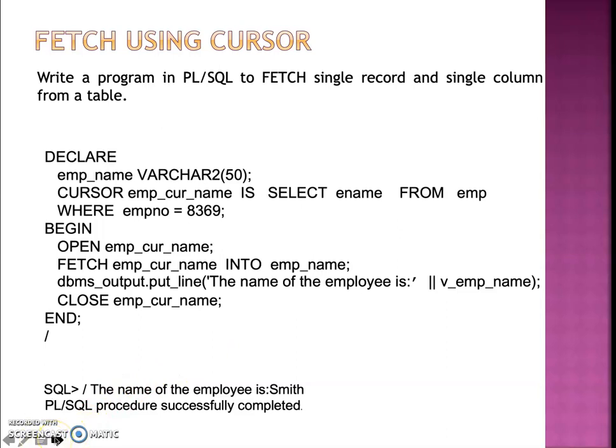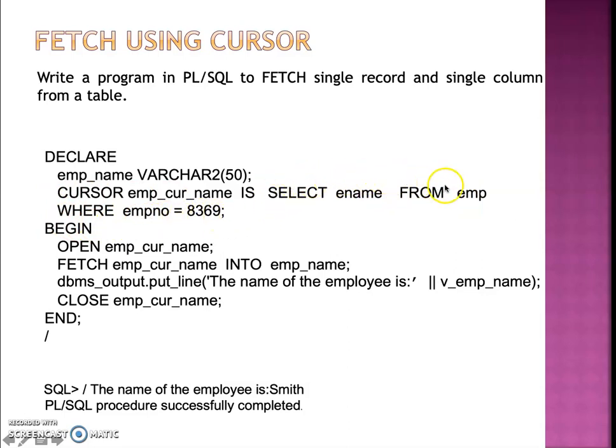The next we will be learning about fetch using cursor. Here we are using a cursor for a single record only. So the syntax for using a cursor is CURSOR emp_cur_name IS SELECT name FROM emp WHERE emp number is equal to 8369.